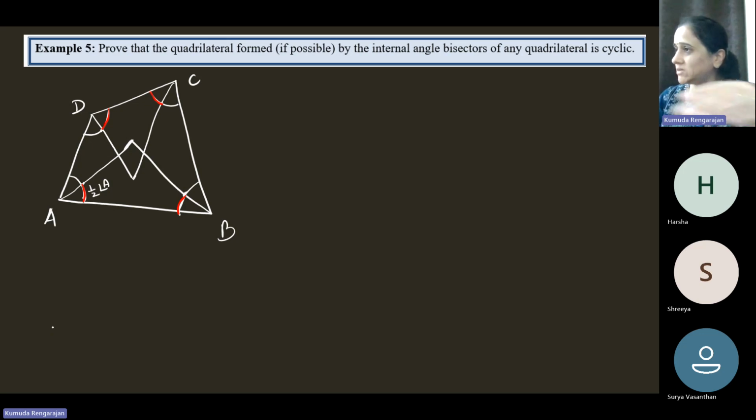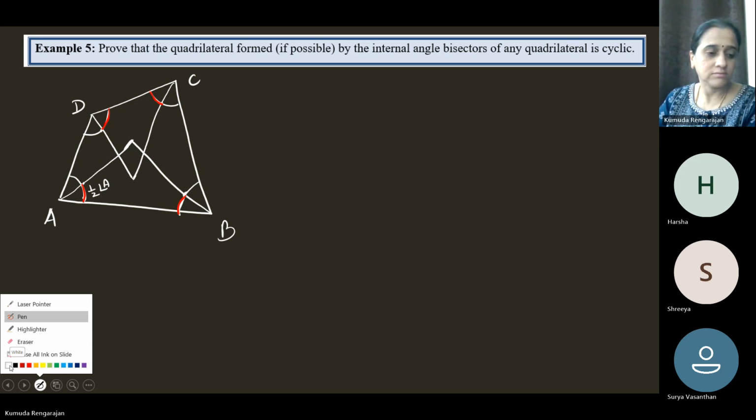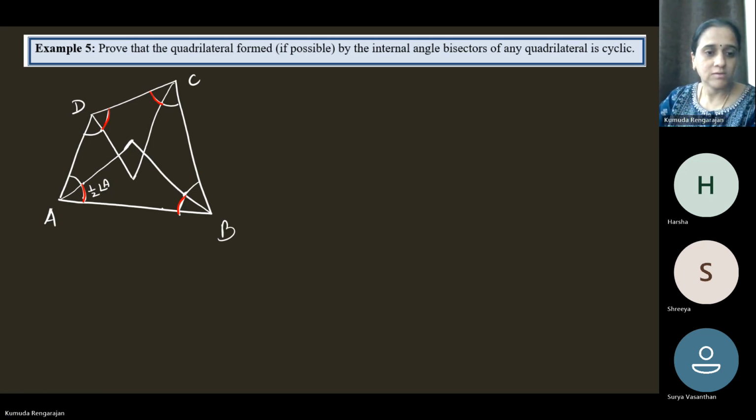We understand bisectors meet, and we proved earlier that the bisectors of the interior angles of a parallelogram form a rectangle. What about this half of angle B, and half of angle C, half of angle D?